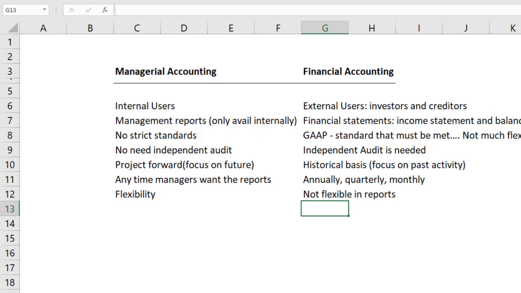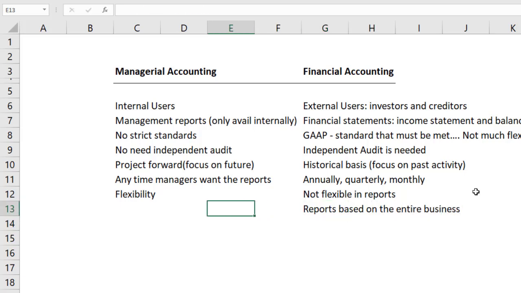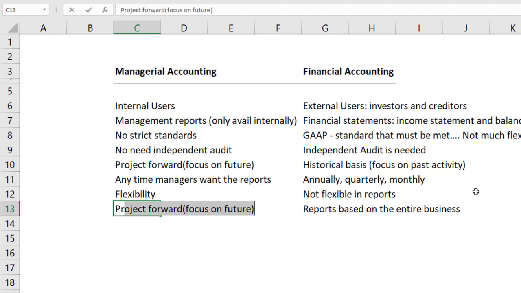They're not insiders. And another difference between these two is that in financial accounting, we had to make the reports based on the entire business. However, in managerial accounting, we have flexibility depending on how managers want to see the reports. Maybe they want to see them by product.